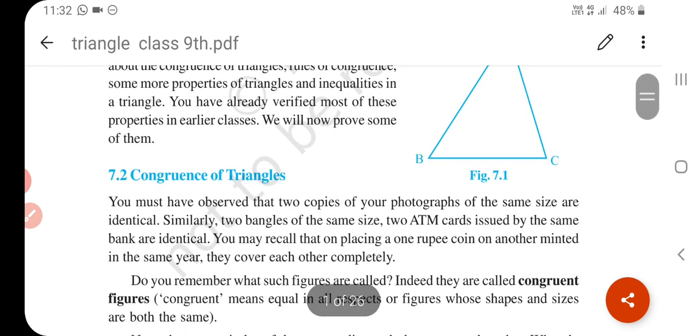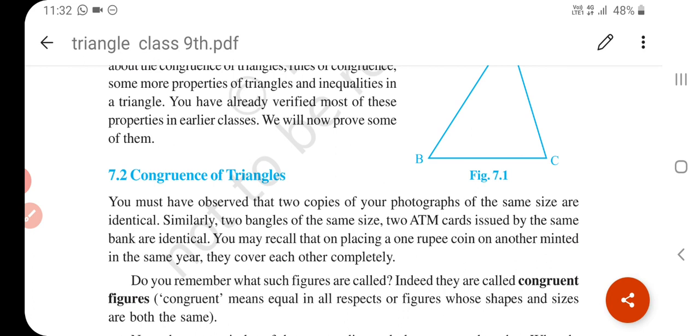In previous classes, meaning 7th and 8th class, we learned about congruence of triangles. What do you mean by congruence? First of all, what is congruence? In our daily life, we see many objects around us which have the same shape and size.